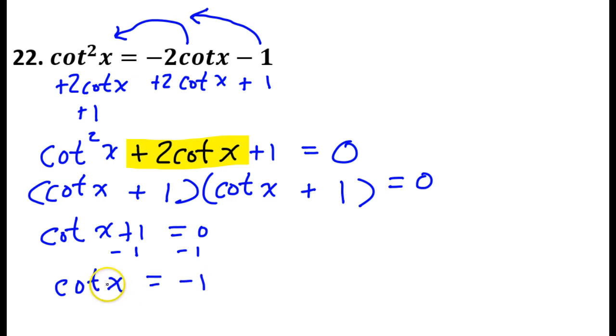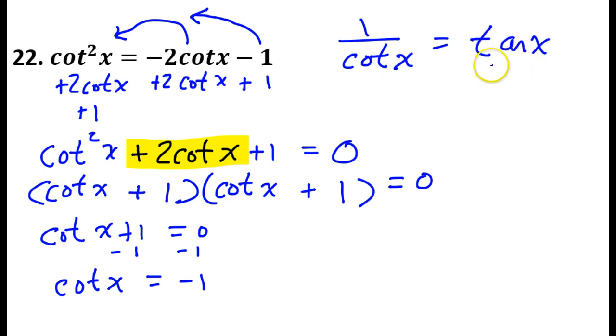And it's time to analyze and figure out cotangent of what angle is going to equal -1. Now, the thing about cotangent is that it is the reciprocal of tangent. 1 over cotangent is equal to tangent.